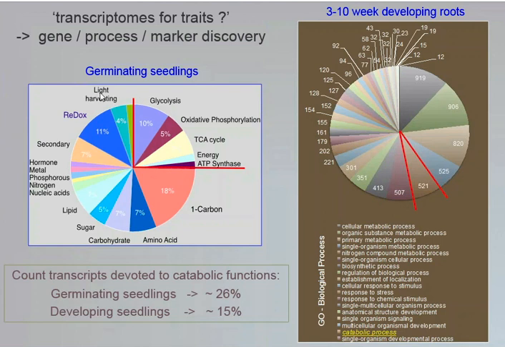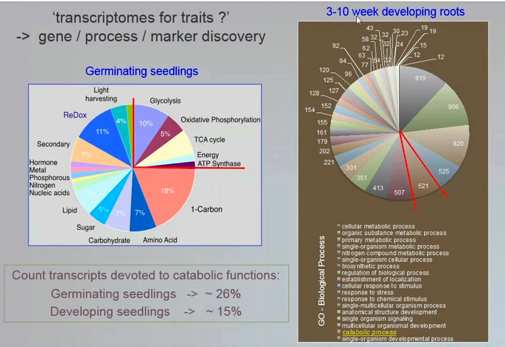But if we were to characterize by some sort of name what those genes that are in these wedges were, biological processes, then for the germinating seedlings about 26% of them are devoted to catabolic functions that are breaking down molecules to allow for growth, okay?